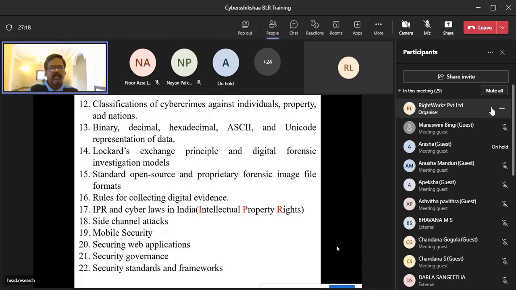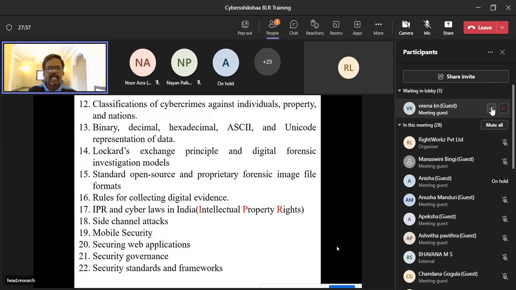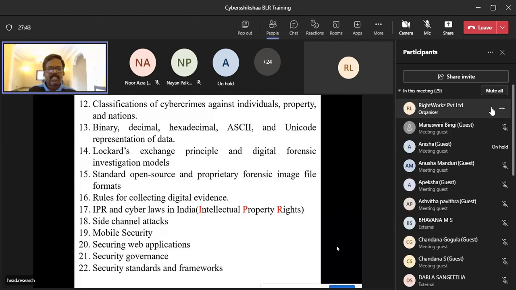And Locard's exchange principle and digital forensics investigation models, standard open source and proprietary forensic image file formats, rules for collecting digital evidence, IPR and cyber laws in India, intellectual property rights, side channel attacks, mobile security, securing web applications, security governance, security standards and frameworks.